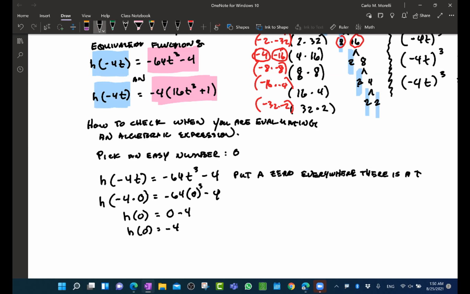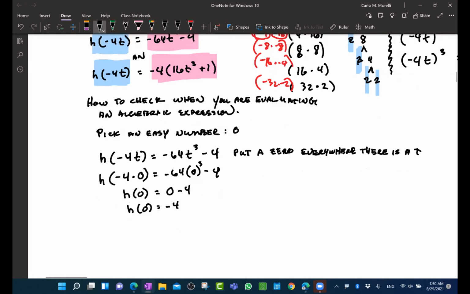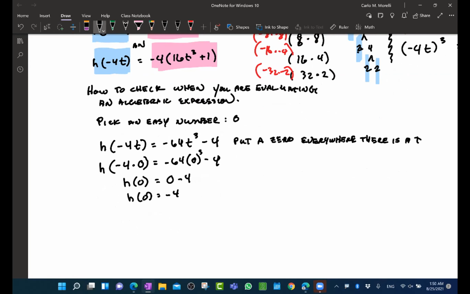Now, let's pick another number. How about 1? So this is for t equals 0, and this is for t equals 1. h of negative 4 times 1 equals negative 64 times 1 cubed minus 4. Well, negative 4 times 1 is negative 4.